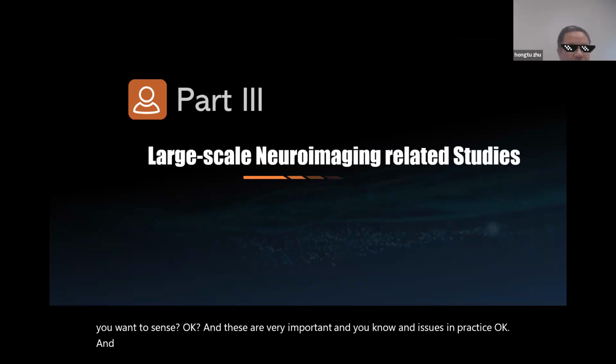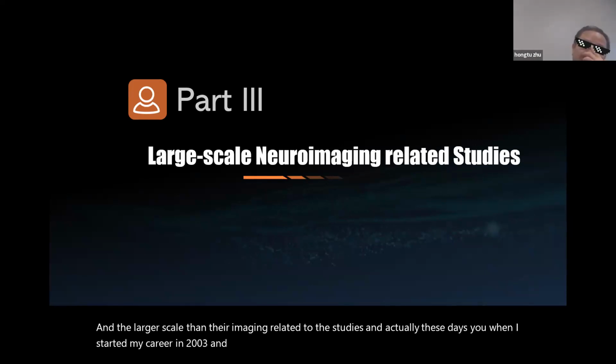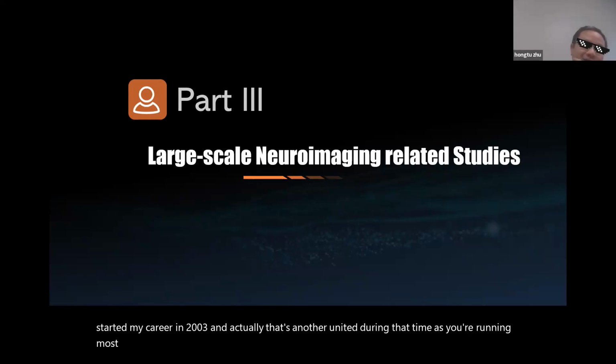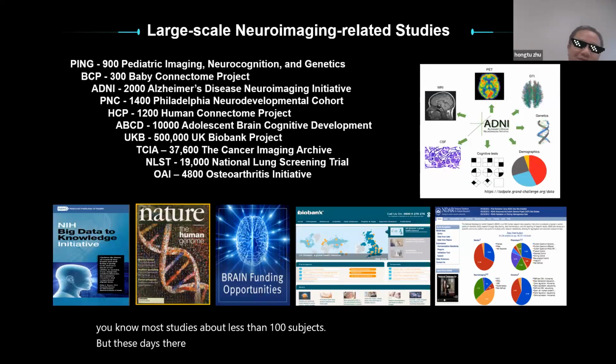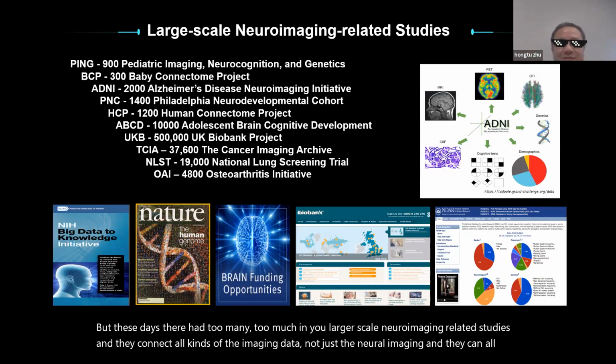And there are larger scale neuroimaging related studies. When I started my career in 2003, during that time most studies had fewer than 100 subjects. But these days they have much larger scale neuroimaging related studies, and they connect all kinds of imaging data, not just neuroimaging.